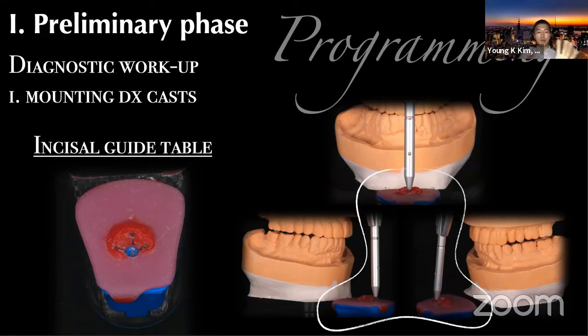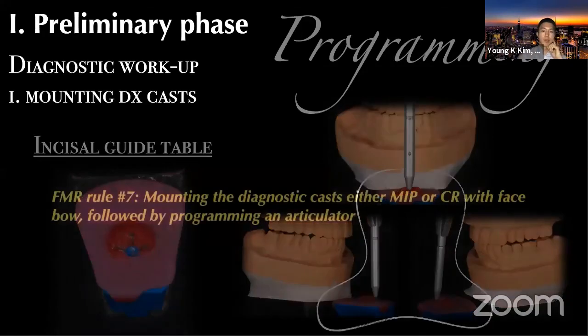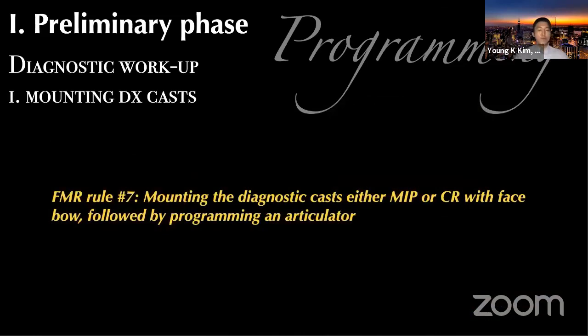Both anterior tooth position and condylar border movement must be considered in development of this anterior guidance. So as you can appreciate, there is a directional pattern on top of this, the jig. So rule number 7 would be mounting the diagnostic cast, either MIP or CR, with a Facebow, followed by programming an articulator, whether you're using conventional or digital.